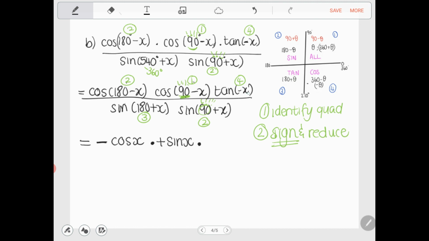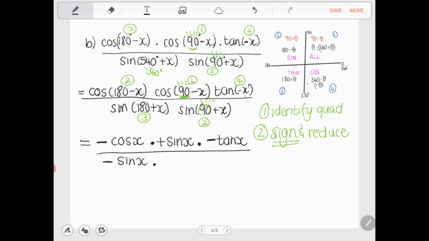Tan in the fourth, okay, is negative. Tan in the fourth quadrant is negative. Tan of, reduce it to the x. Sine in the third is negative. Reduce it to the x.